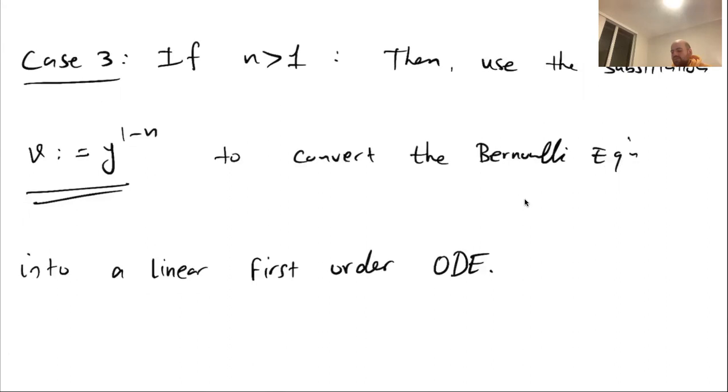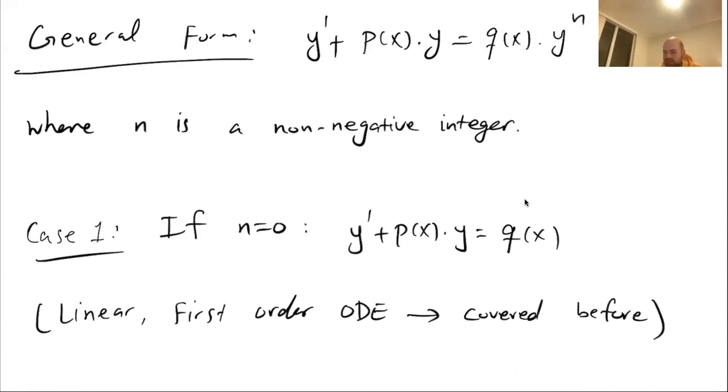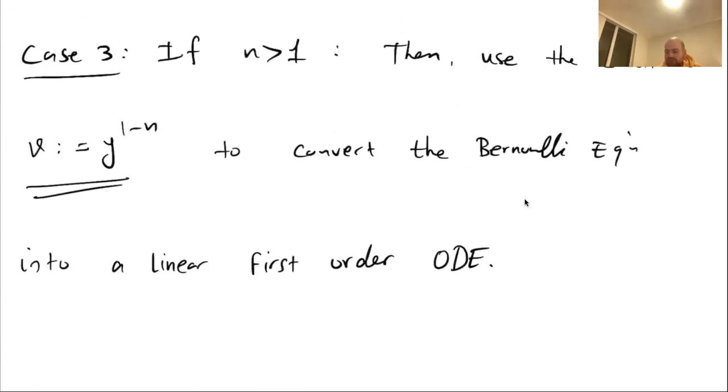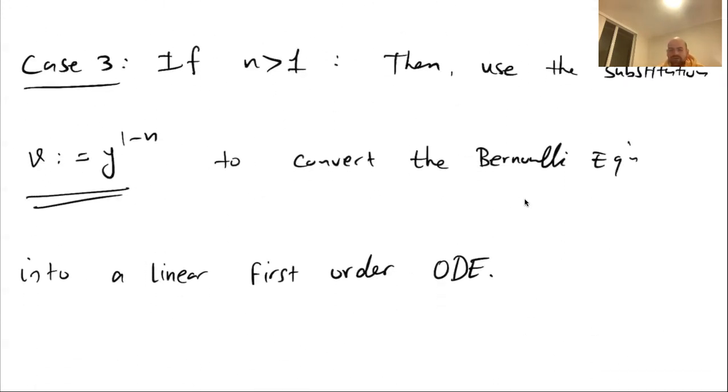How did we come up with this type of substitution v equals y to power 1 minus n? Well, it's hard to guess. For this reason, I want you to just simply remember that if you have a Bernoulli equation, an equation of this type, y prime plus p of x times y equals q of x times y to power n, and if n is bigger than 1, then you have to remember the type of substitution we need.